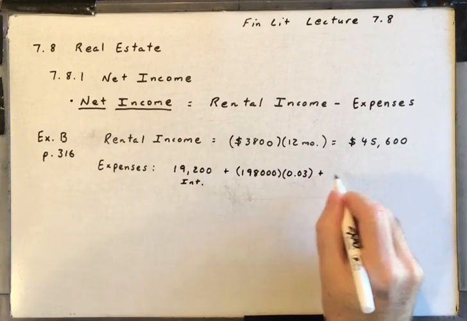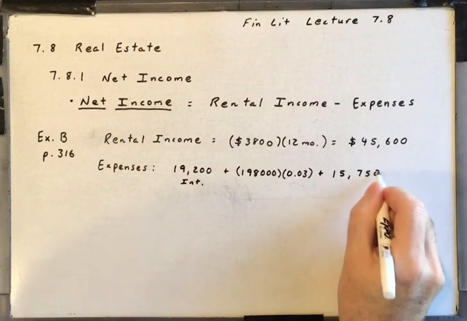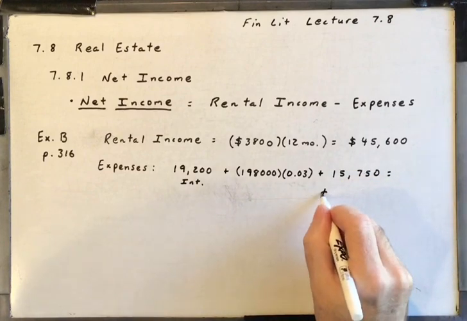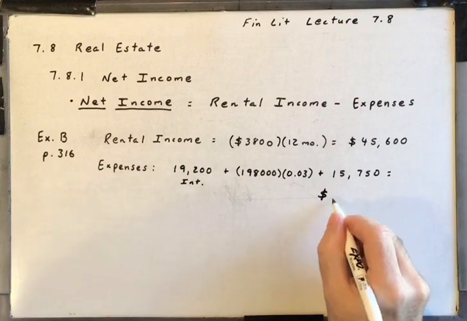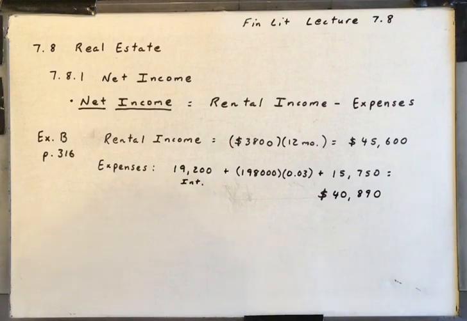Plus it said the other expenses are $15,750. So when you add those up, you will get $40,890.